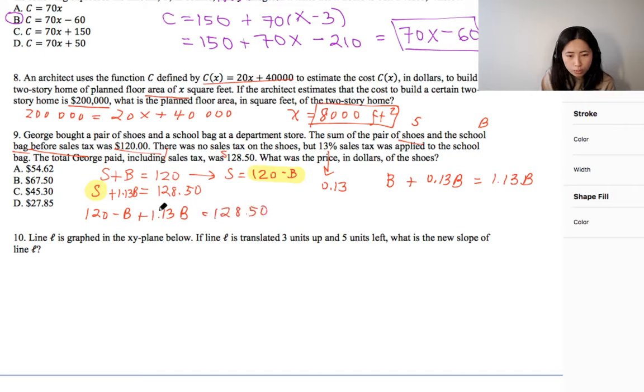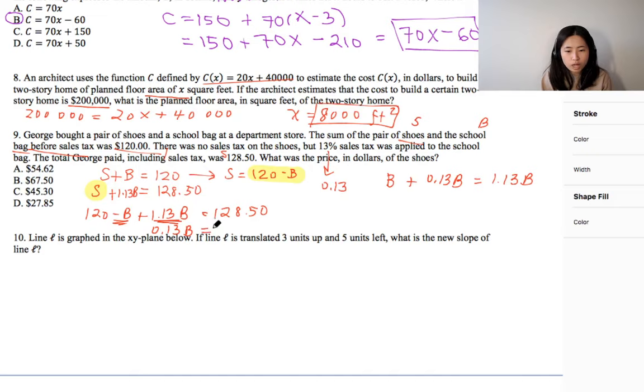Great. So we have 1.13B minus 1B, and that's going to be 0.13B. So these two are like terms, this and this. So 1.13 minus 1 should give us 0.13B.